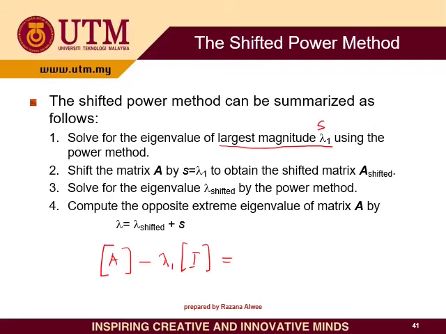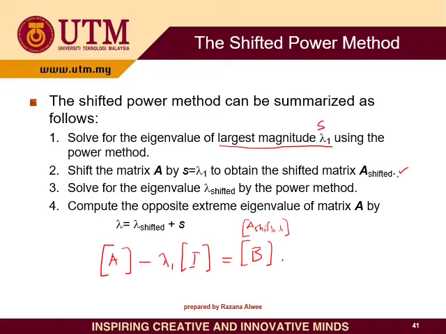Here they use A shifted, but it's up to you, you can use B, it doesn't matter. This is just to show you that we have already shifted, matrix A shifted. You can use A shifted if you want, or you can use another name.